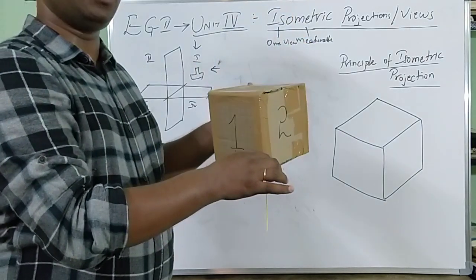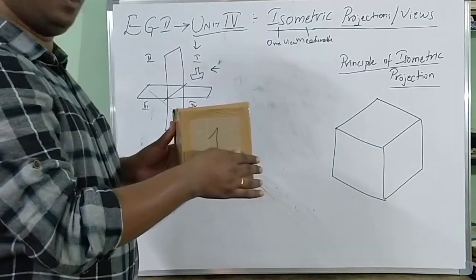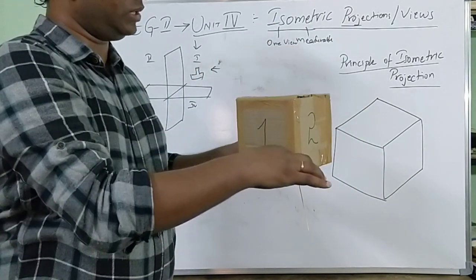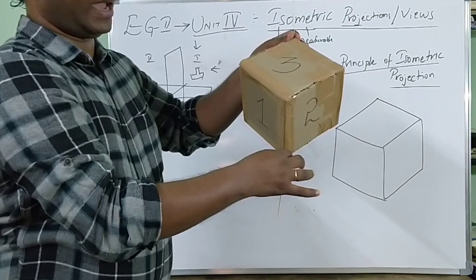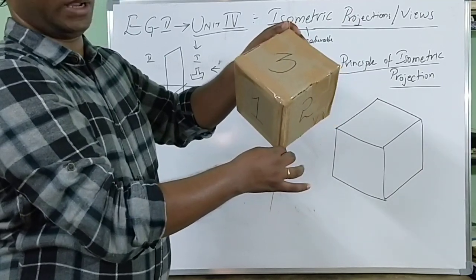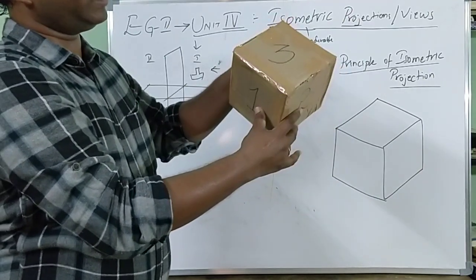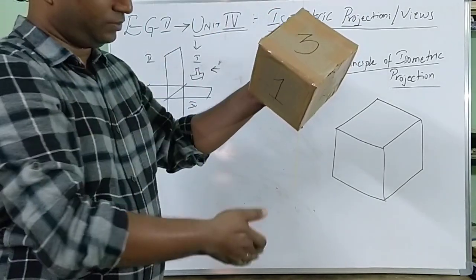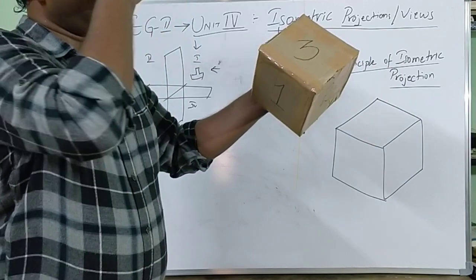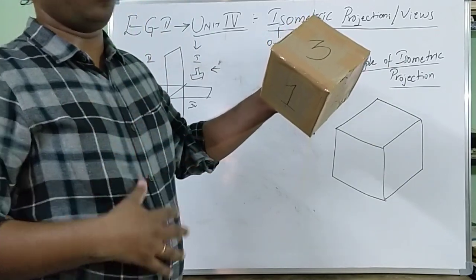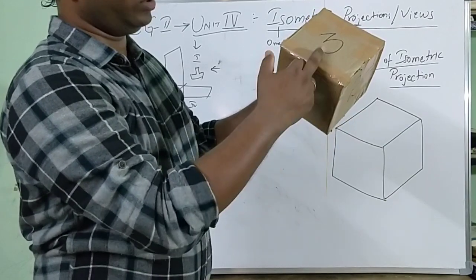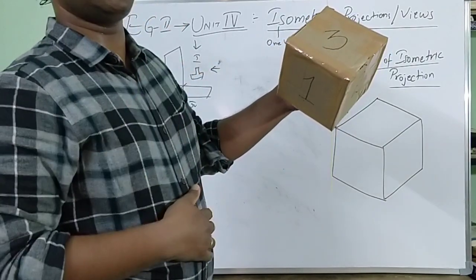These are the projections of solids concepts we are following. Initial position number 1, second position equally inclined, third position making the diagonal from bottom to top like this. If you make this, this diagonal is vertical, perpendicular to HP and parallel to VP. At this location you can see 1, 2, and 3. Three faces are visible.